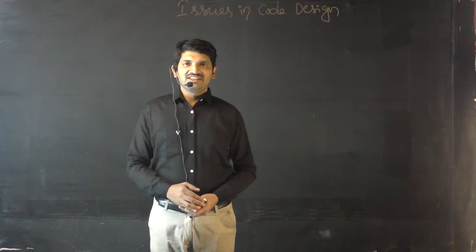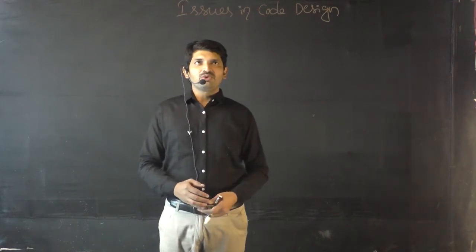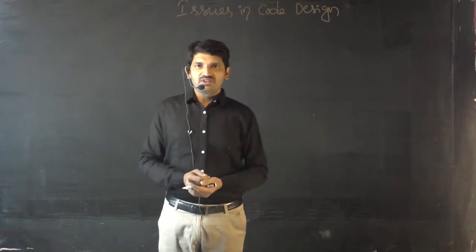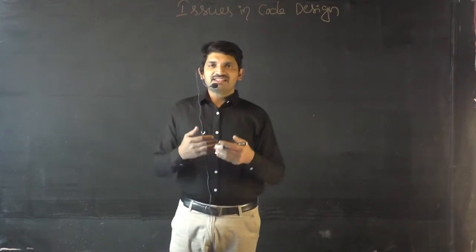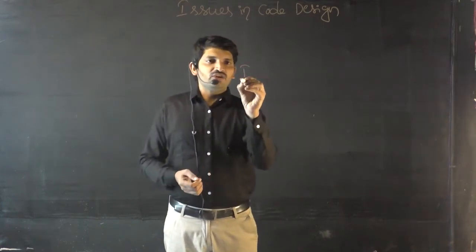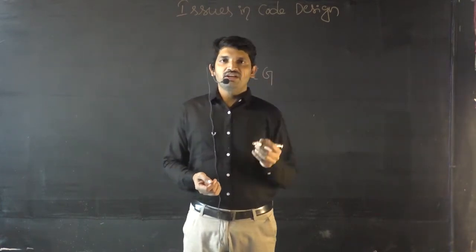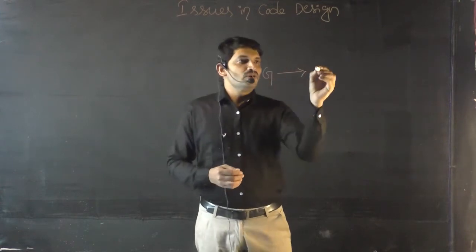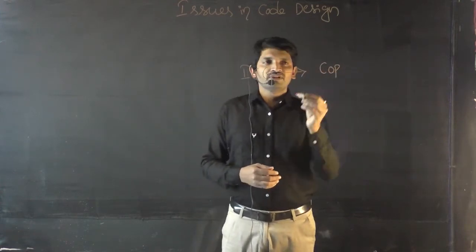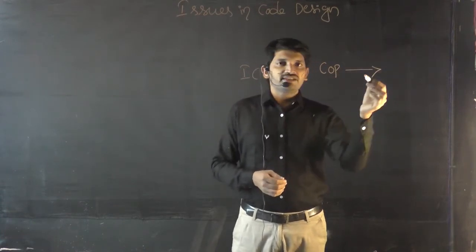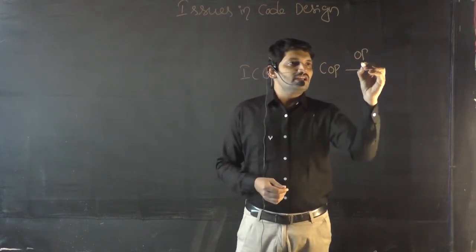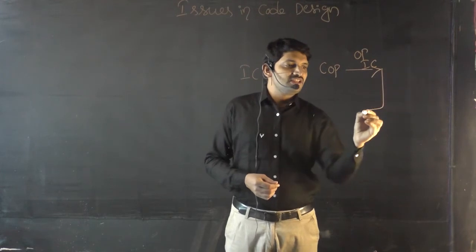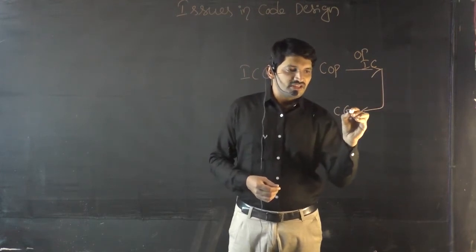Hello students, now we are going to discuss the various issues in code design. We know the 6 phases of a compiler, and the last phase is the code generation phase. The intermediate code generator generates the intermediate code, which is given as input to the code optimizer, which generates the optimized intermediate code that is given as input to the code generator.